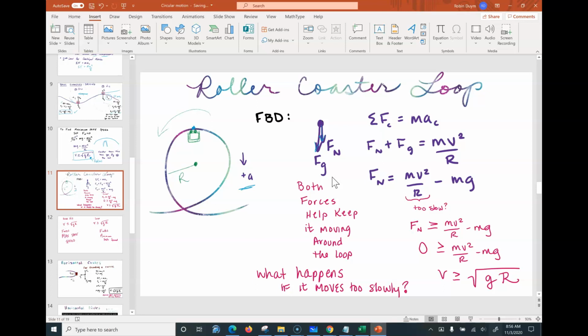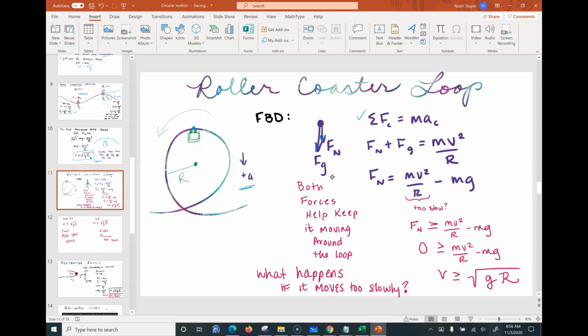That track is actually pushing down on the cart, but actually helping it to keep that acceleration and keeping it in that circular motion. So we then go through and we use our second law. Now these are both, remember, acceleration is positive, so we're going into the circle.